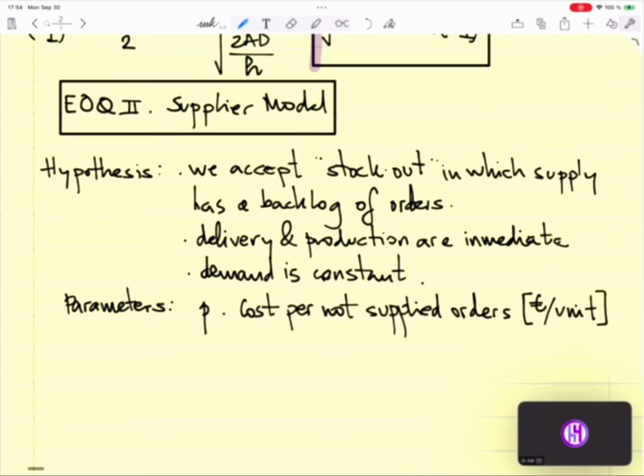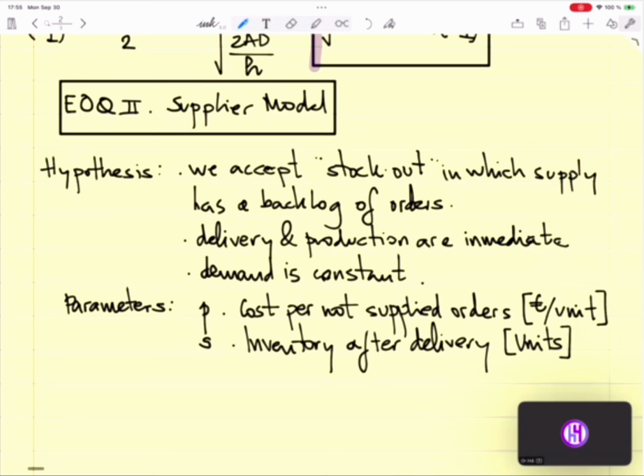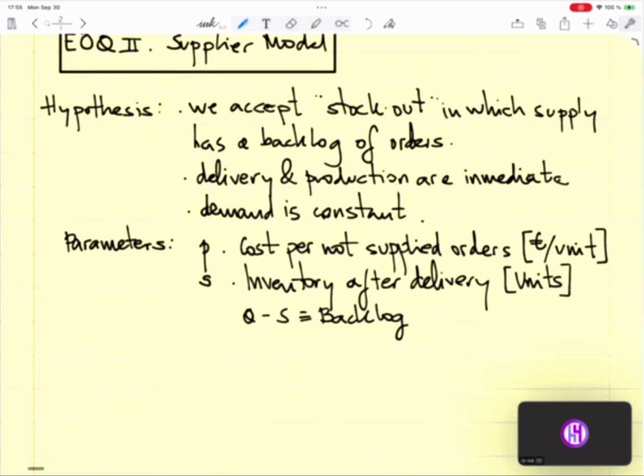And S is the inventory after delivery. Okay? Measured also in parts, in units. So that Q minus S equals the backlog. Okay, Q is the order quantity. So if you have an order quantity and you subtract the inventory after delivery, you have the backlog, what you were missing.